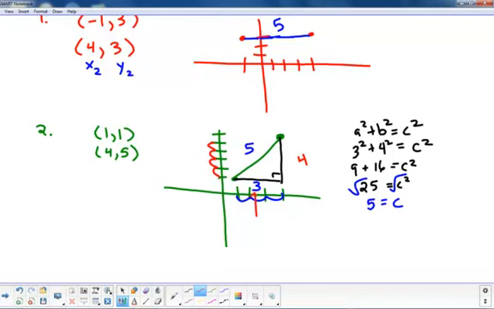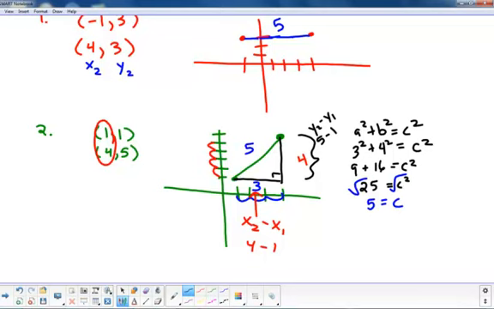This 3 is figured out by doing the difference of the x's. So x2 minus x1. That's 4 minus 1. This 4 is figured out by doing the difference of the y's. And that would be our 5 minus 1.